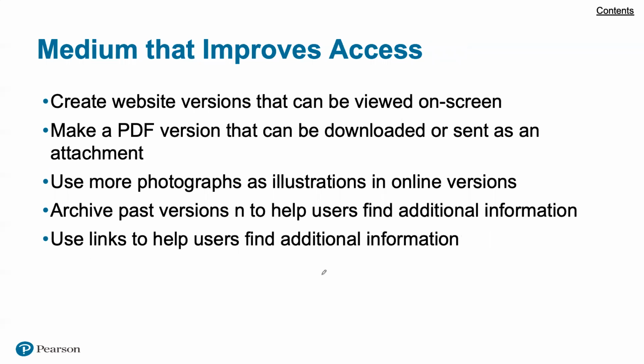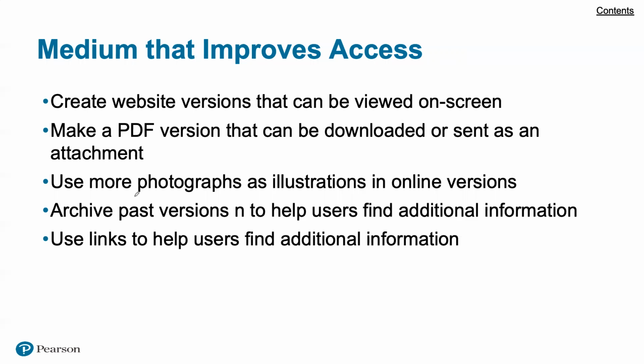So then you want to be thinking about the medium that improves access. You can create a website version that can be viewed on the screen, so you have an HTML version. You can make a PDF version that can be downloaded or sent as an attachment. Oftentimes that can be extremely useful, so they can have their own repository of information, readily available the way that they store information for that individual or for that company.